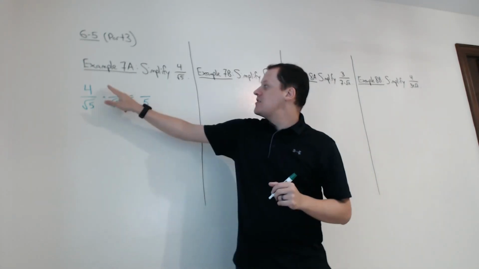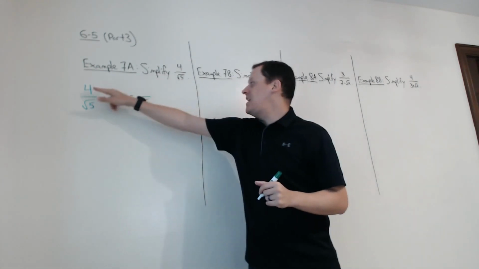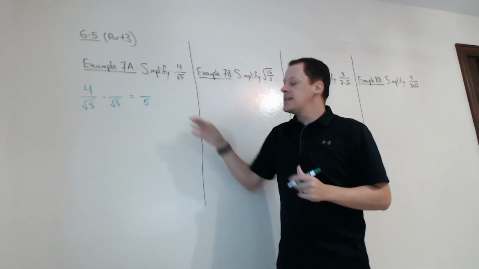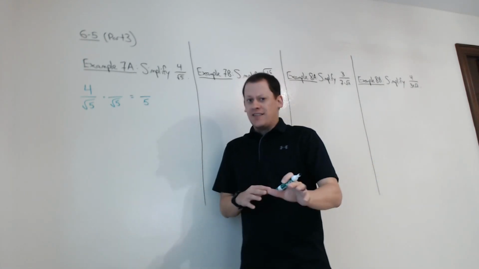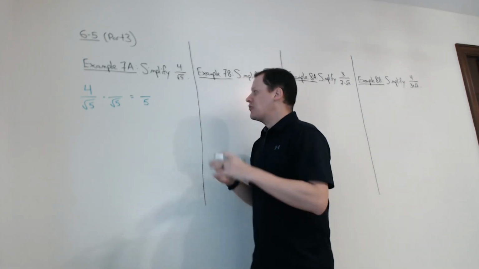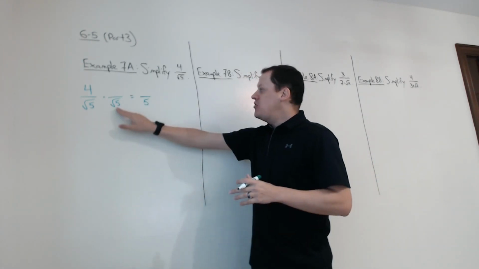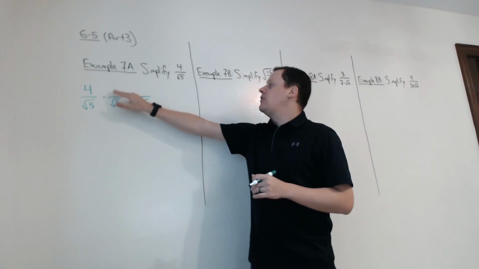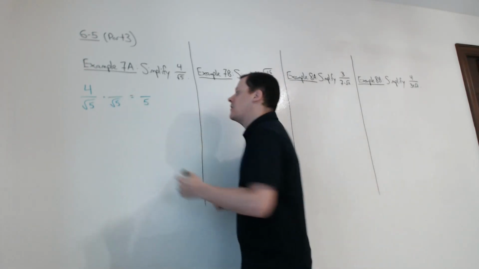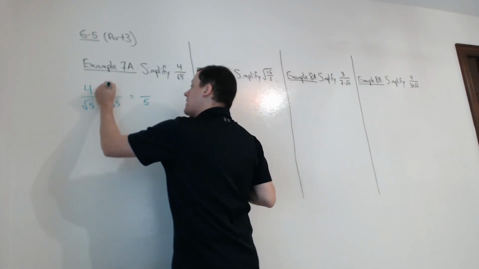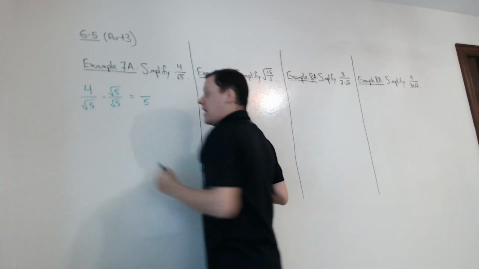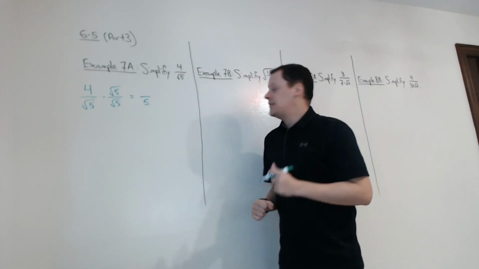The question is, what can we do on the top? Can we just keep this a 4 all the way across? The answer is no. I'm sure you've done this in the past, several years ago. Anything you do to the bottom of a fraction, you have to do to the top. So if we're going to multiply on the bottom by the square root of 5, we've got to do the same thing up here and multiply by the square root of 5.